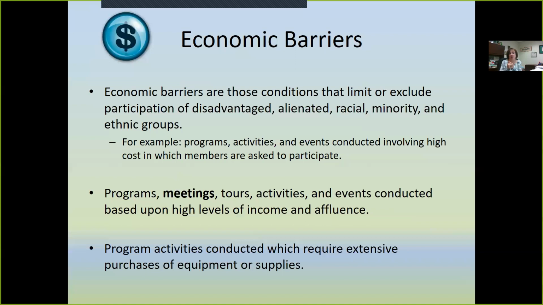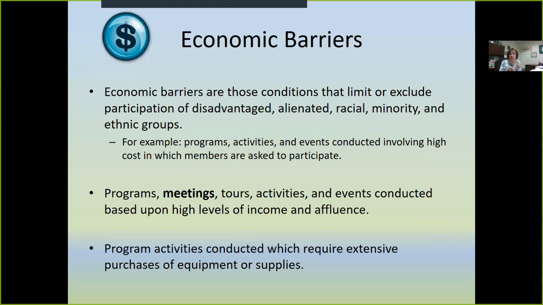And then, programs that require extensive purchases. I know robotics requires pretty expensive equipment, but it's also pretty easy to get donations of equipment, or grants, or donations from your community to buy that equipment.